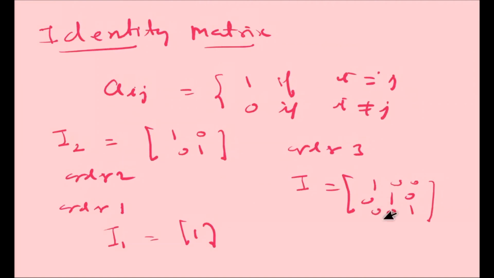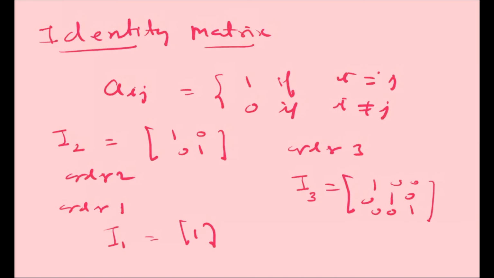An identity matrix is a square matrix, yes. A scalar matrix is not always an identity matrix, but an identity matrix is always a scalar matrix, right? So we denote them by I3, I2, I1. This way we can show the identity matrix.